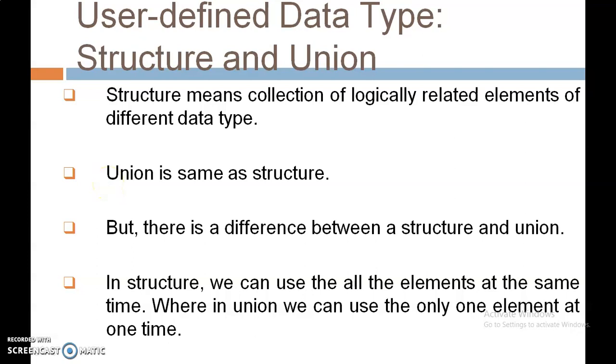But there is a difference. In structures, we can use all the elements at the same time. But in union, we cannot use all the elements at the same time. We can use only one element at a time.